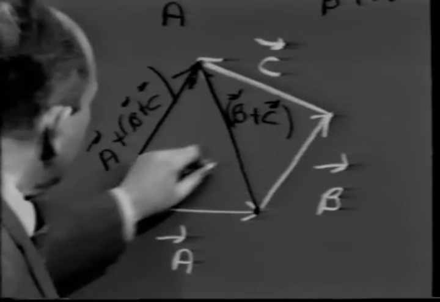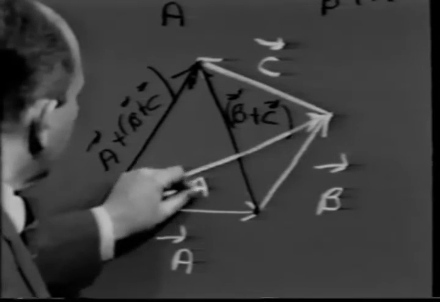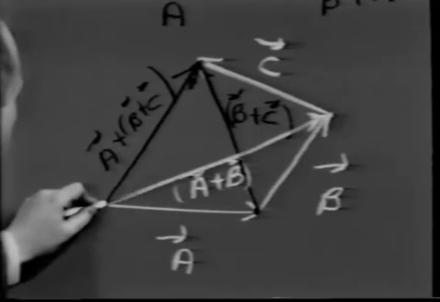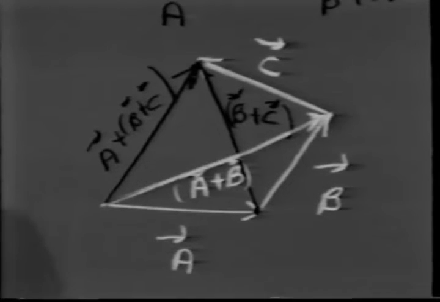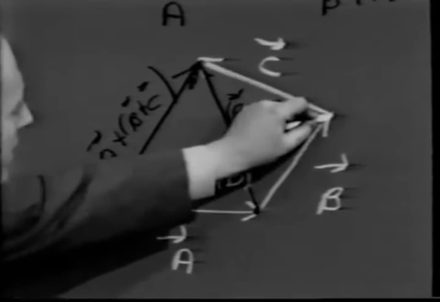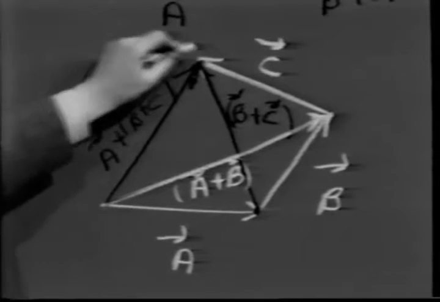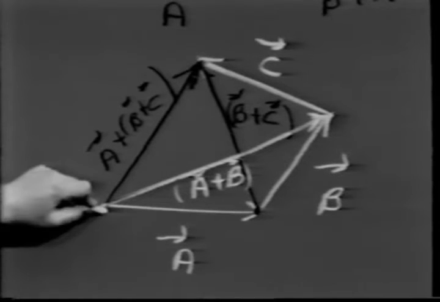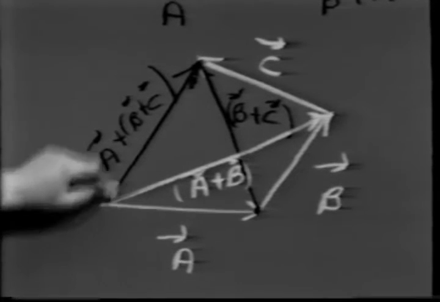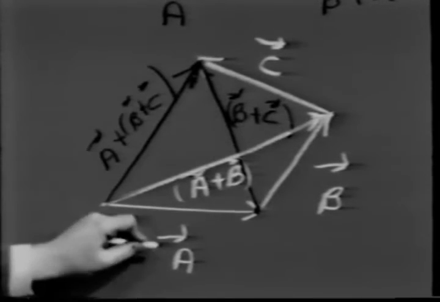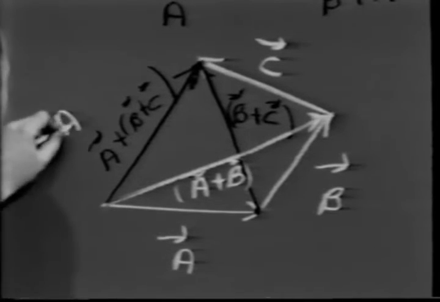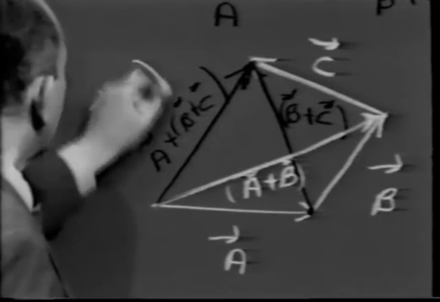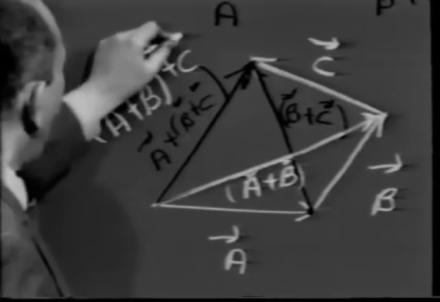A plus b is this vector, because it goes from the tail of a to the head of b. And consequently, a plus b plus c is the vector that goes from the tail of a plus b to the head of c. In other words, what vector is that? It's this vector, but what name does that have? We just saw that's a plus b plus c, and now we see what?